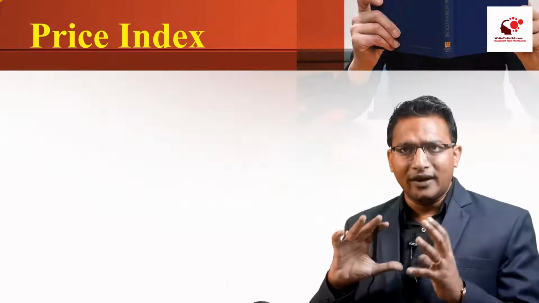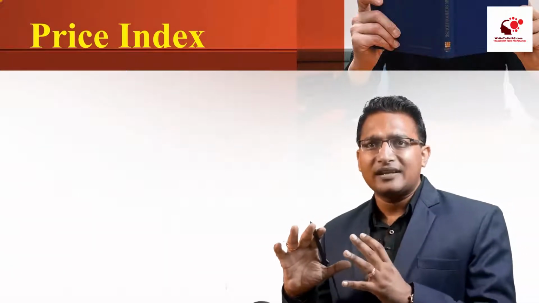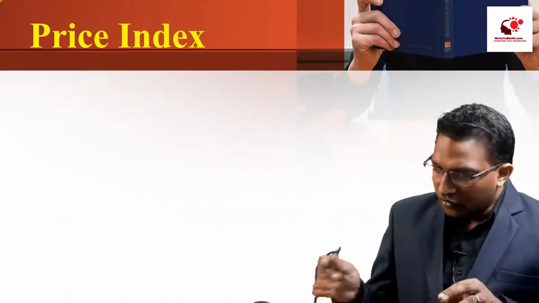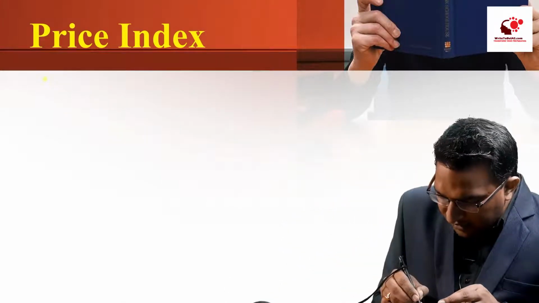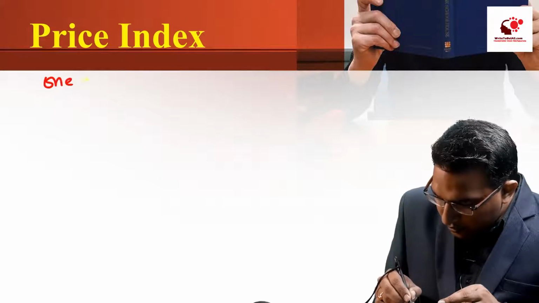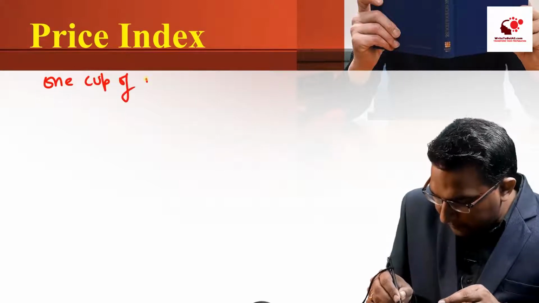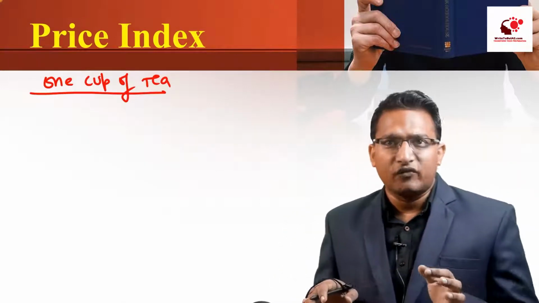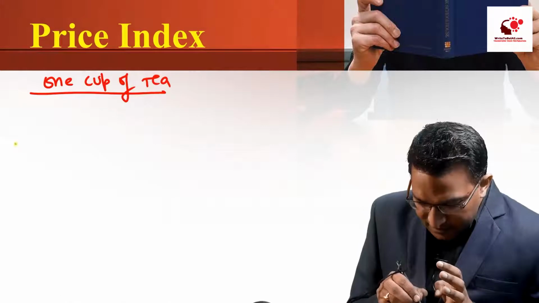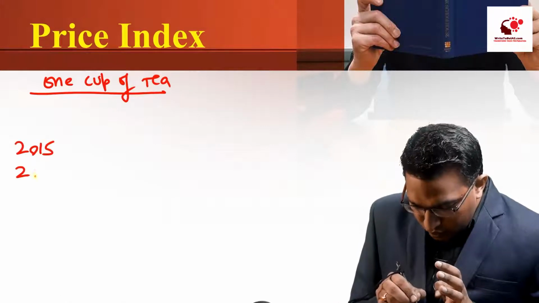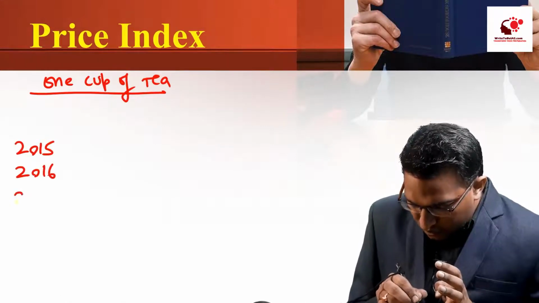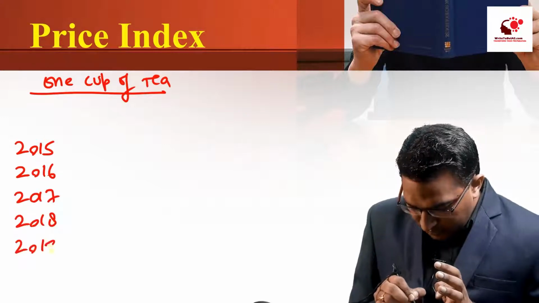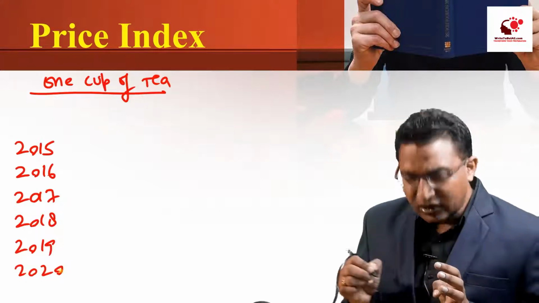To understand this, first let us take one real life example. We take the example of 1 cup of tea. The prices of 1 cup of tea have been moving like this: 2015, 2016, 2017, 2018, 2019 and 2020.